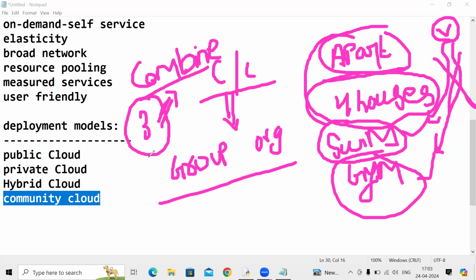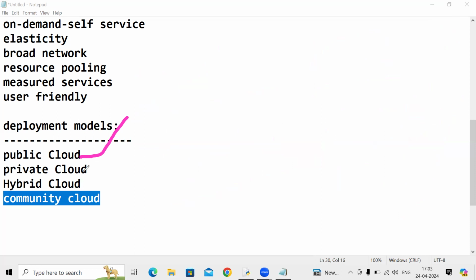Only these three organizations can use that cloud's resources. Apart from these three organizations, no other organization has permission to use this cloud. This is all about public cloud, private cloud, hybrid cloud, and community cloud.